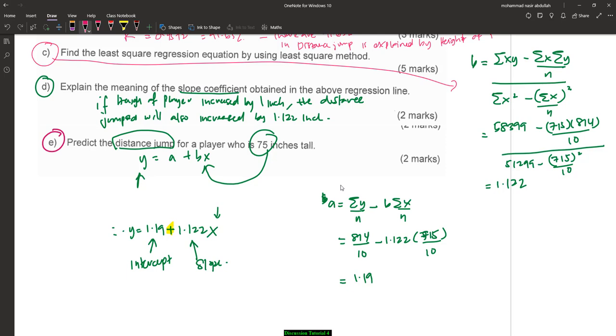Predict. So we also already know this one. So predict y hat. We want to know what is a y hat, equal to 1.19 plus 1.122 multiply with 75 inch. 75. So this one will be 85.34.